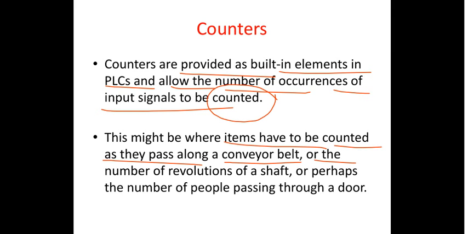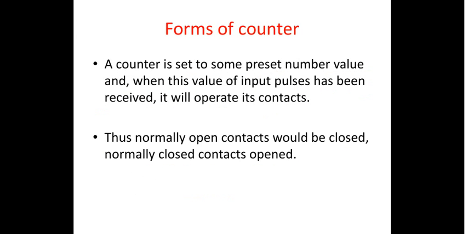Now you can see a counter is set to a preset number value, and when this value of input pulses has been received, it will operate its contacts. I will show you the diagram. So the basic principle of how your timer operates we have already seen. There will be some contacts, there will be some timer coils, right?